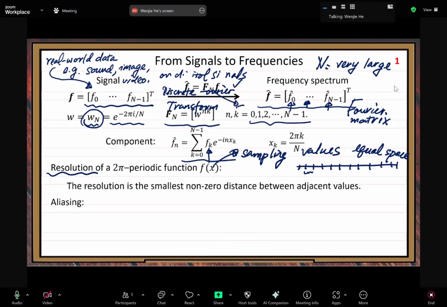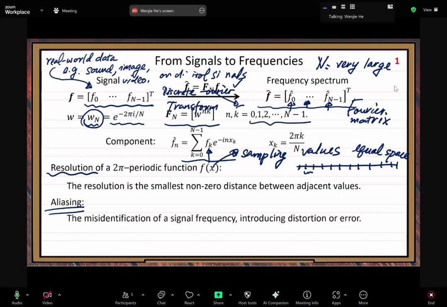Aliasing, another concept. Based on our real world experience, many times we observe some weird phenomenon, something we feel not quite right. That's related to this aliasing problem. What's that?